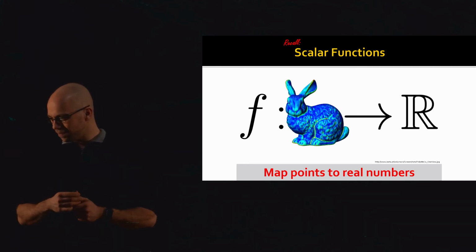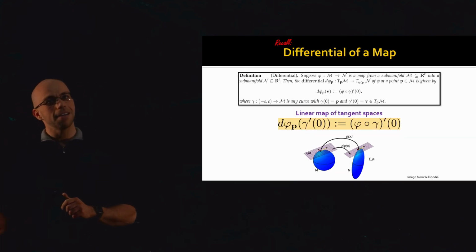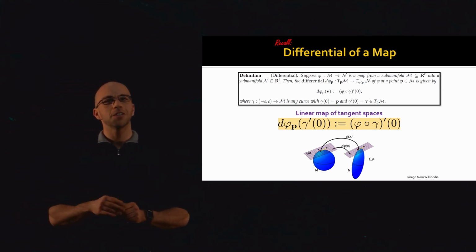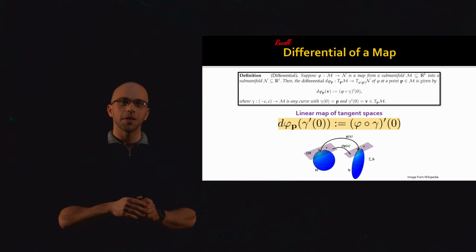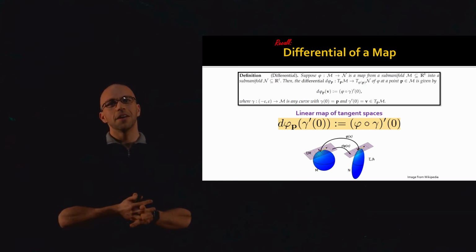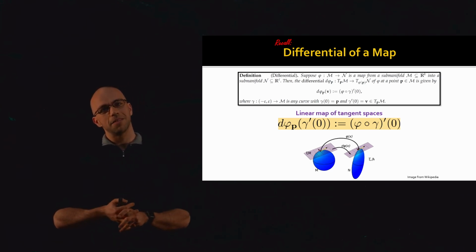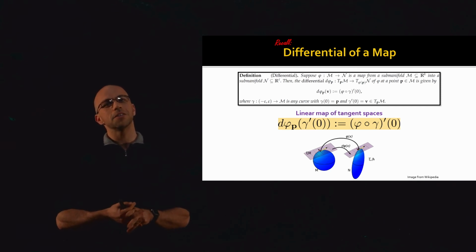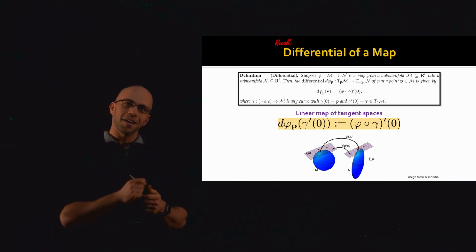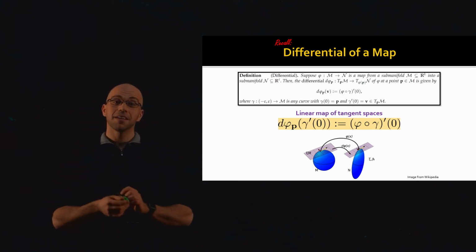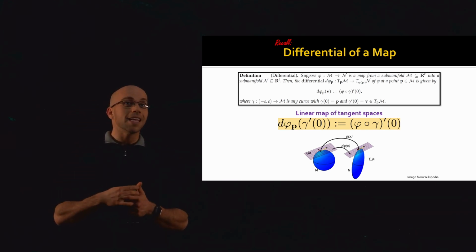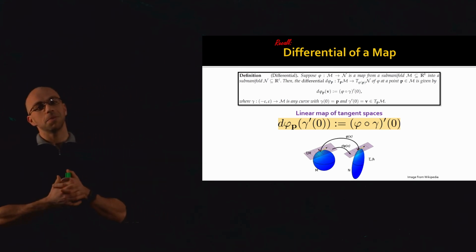We also defined many lectures ago the differential of a map, which is essentially defined through this equation that I've shown here in yellow. So if phi is a map from one space into another, then the differential of a map phi at a particular point P on my source domain is a function that is linear on the tangent plane to my manifold.